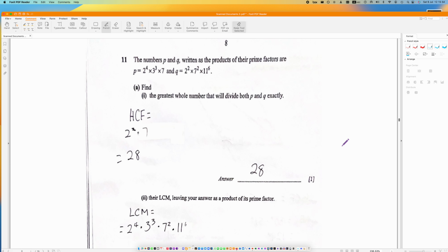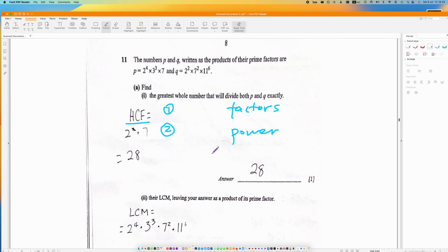This one, product. I think this one is very simple already. For HCF, 2 tips. Which 2? HCF. Just find all of the factors. What factors? And what power? Same factors.